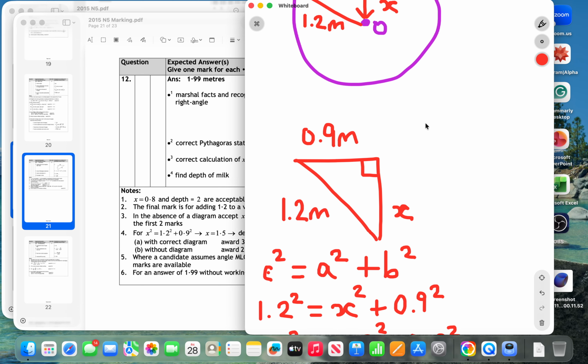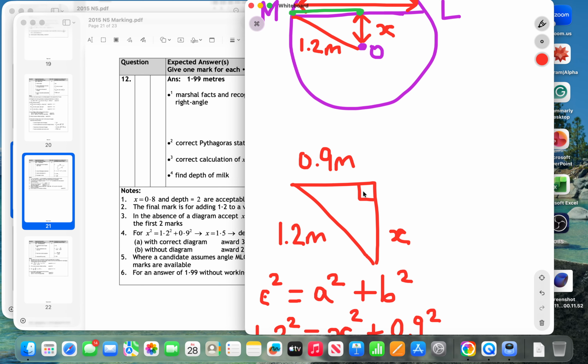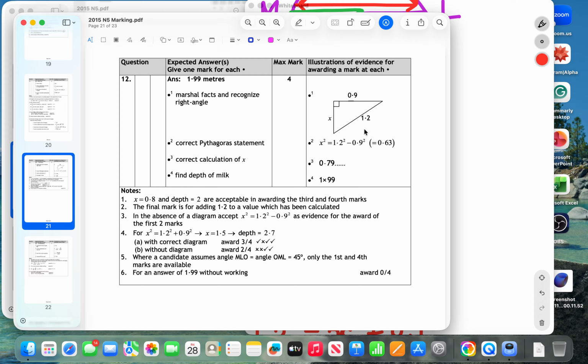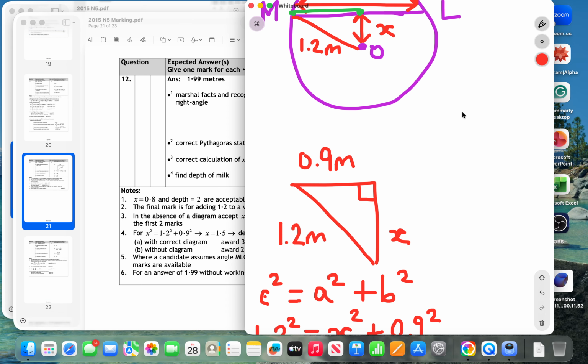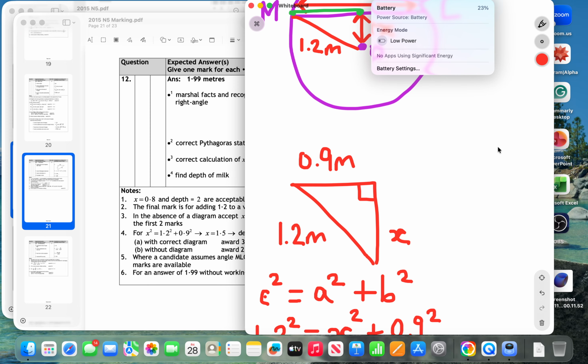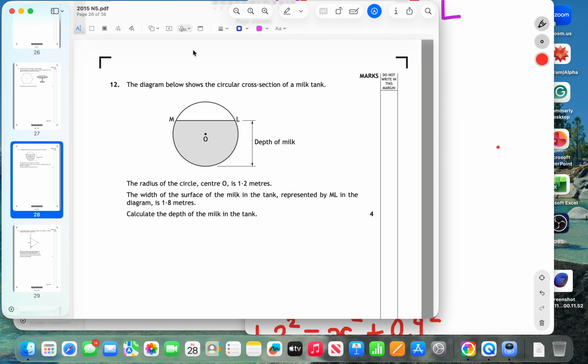So the first mark would be for this. What they call marshall facts is being able to construct the right angled triangle in the situation, because a lot of the questions that come up on Pythagoras are Pythagoras in disguise. And what I mean by that is, you wouldn't look at this question and automatically, within half a second, know to use Pythagoras.